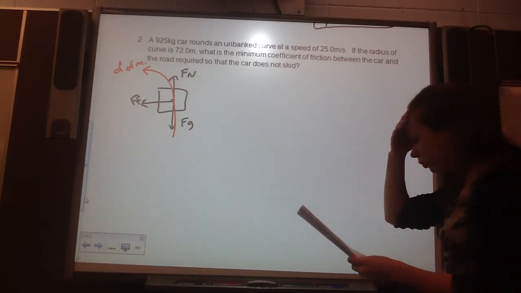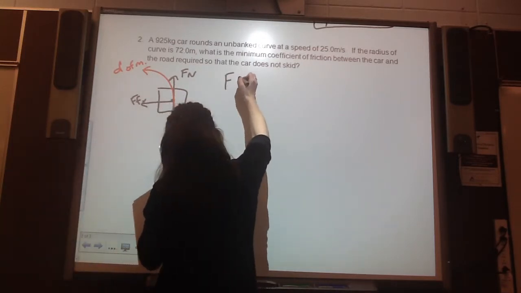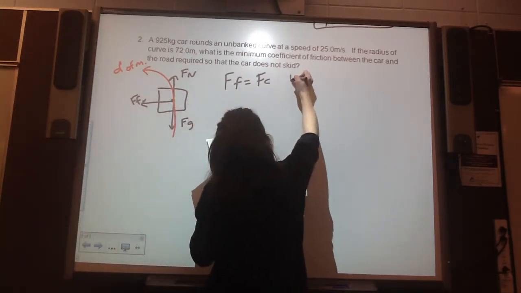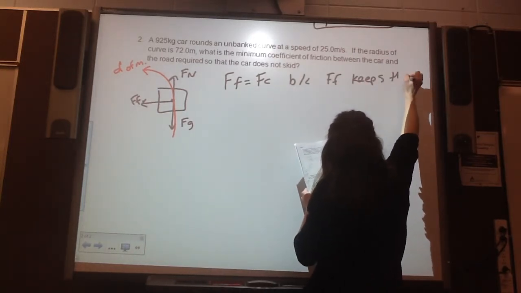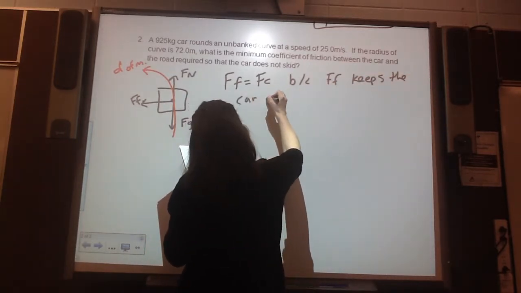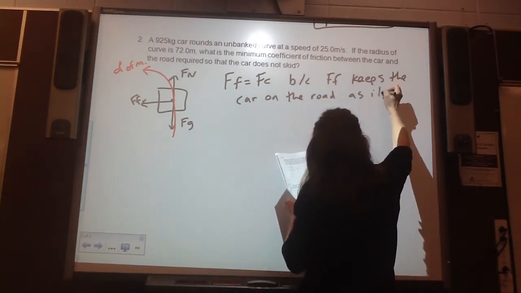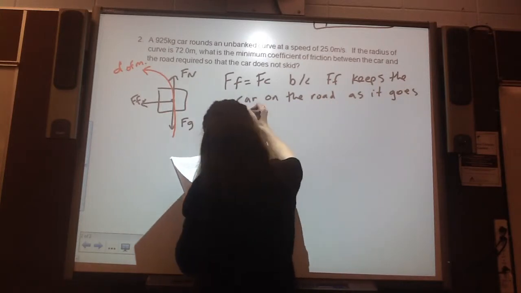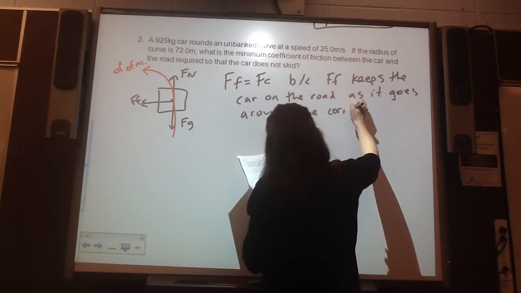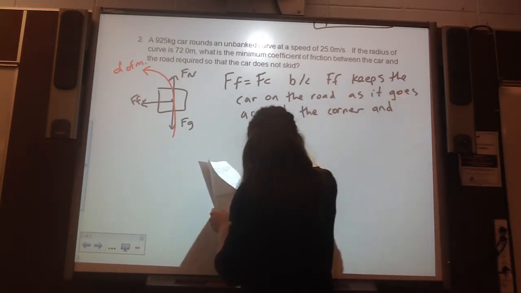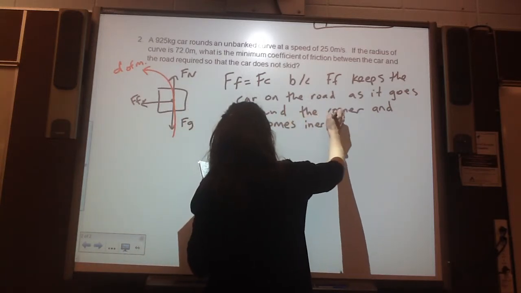Okay, so that's kind of what we have to start with. Let's make a note to ourselves so that if we're studying, we can remember: FF is equal to FC because FF keeps the car on the road as it goes around the corner and overcomes inertia.